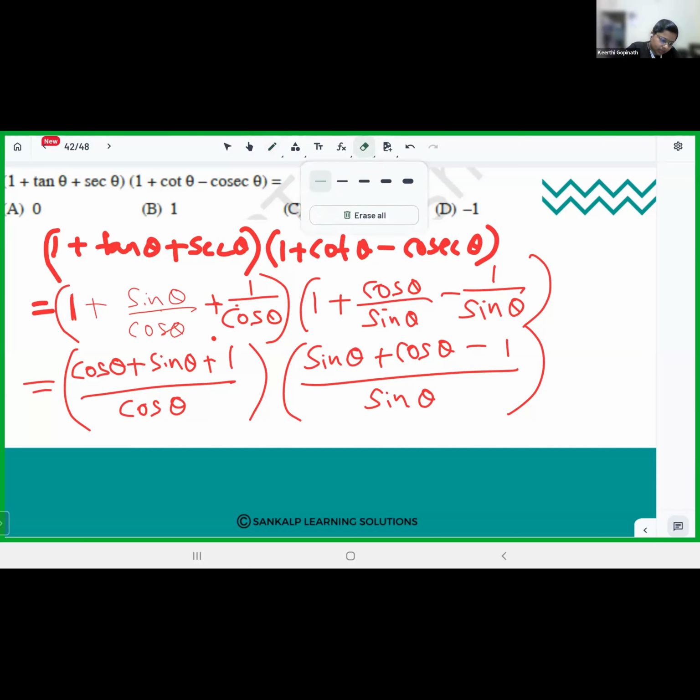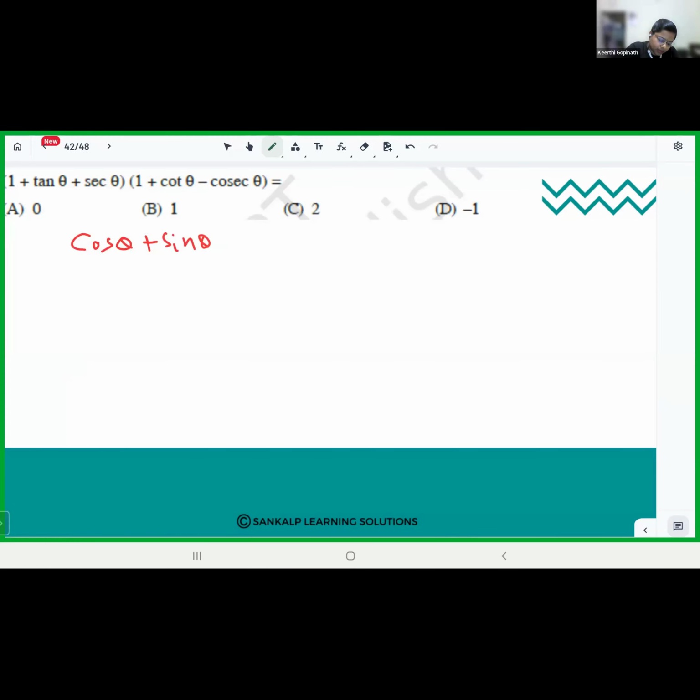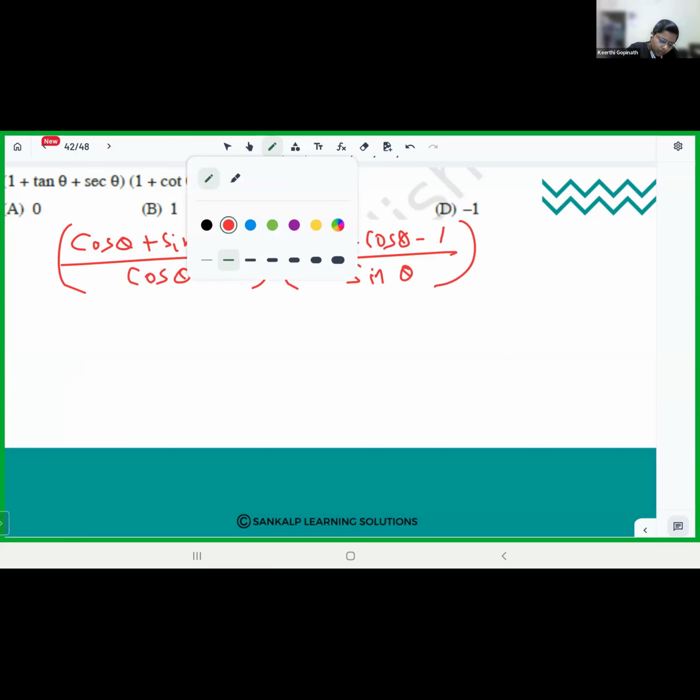I'm writing it again: (cos theta plus sin theta plus 1) divided by cos theta, into (sin theta plus cos theta minus 1) by sin theta. This you have to cross multiply each term.